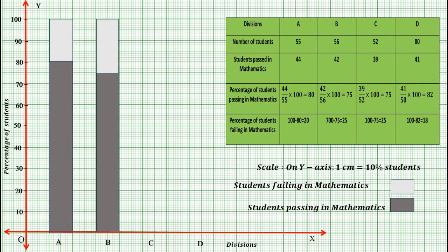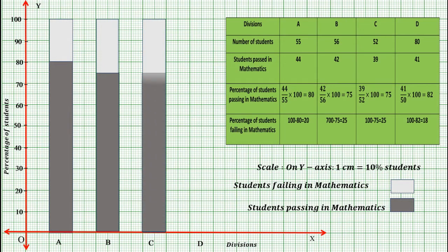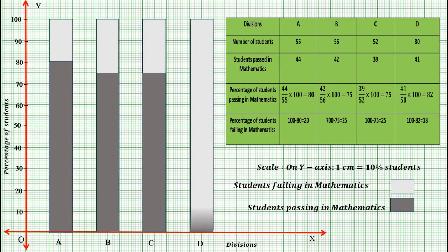And now we will see how many students passed in C division. You will see that 75% is also in standard 8 C division, and in division D of standard 8, the passing percentage of students is 82%.